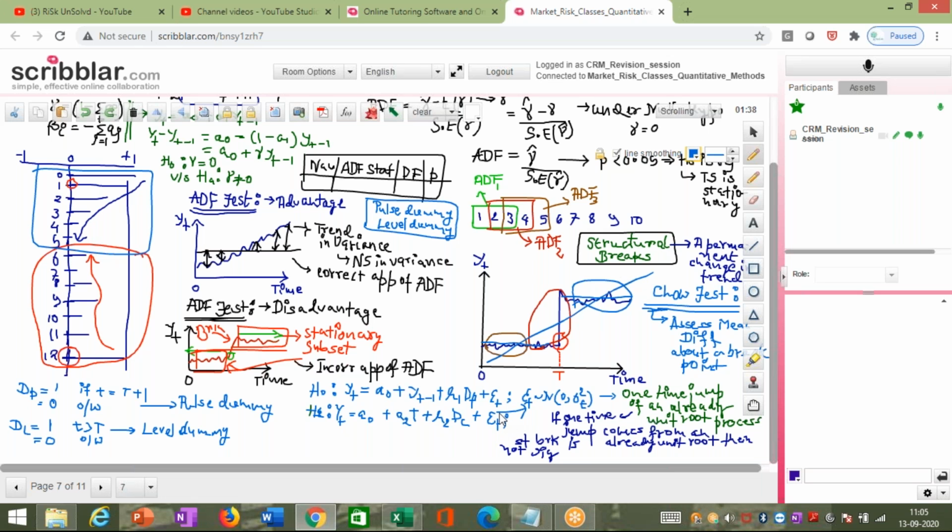Before the break has happened and after the break has happened, the time series remains stationary. And it is that one-time jump which is causing the non-stationary. So we need to regress that, and we need to see which is the one that gets the significant coefficient.